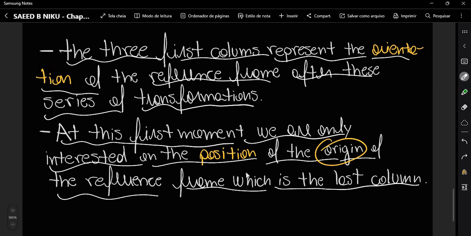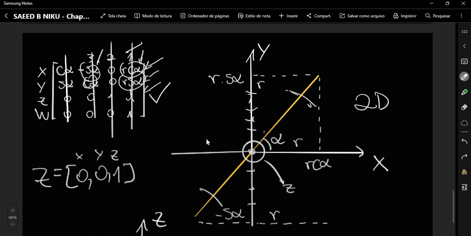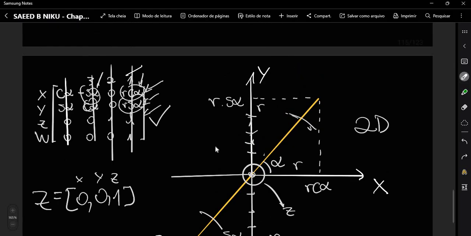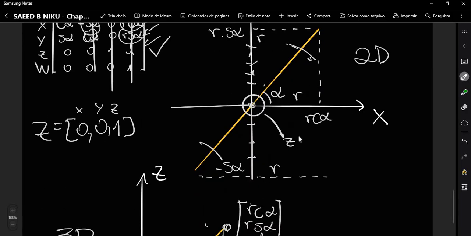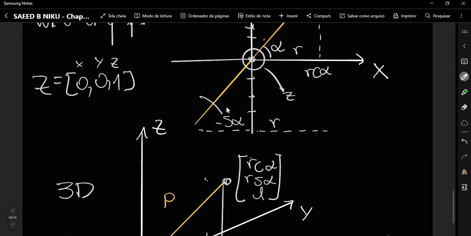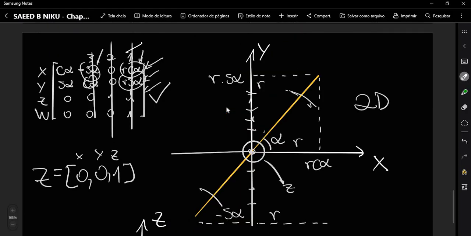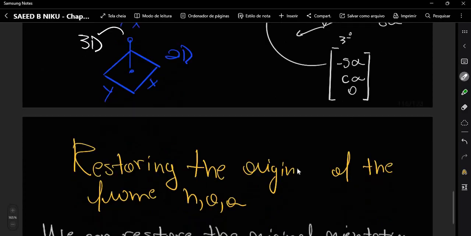Right here: the first three columns represent the orientation of the reference frame, and the last column represents the origin. I couldn't explain this last column exactly, or place each element on the graphic, but as we approach more of this content, we will find out.